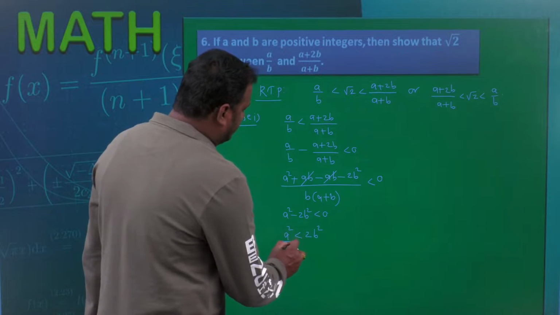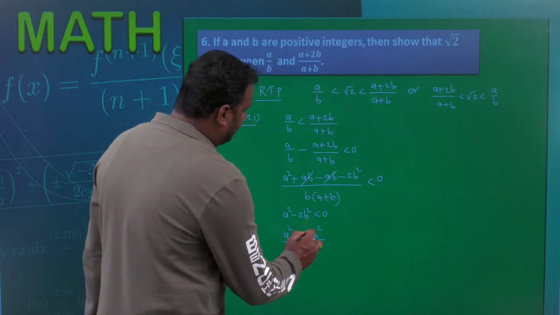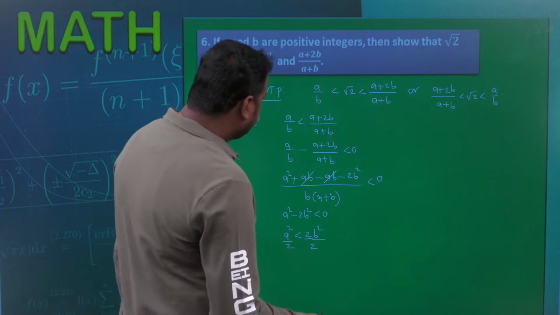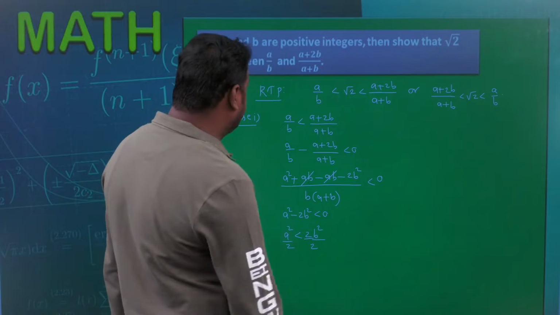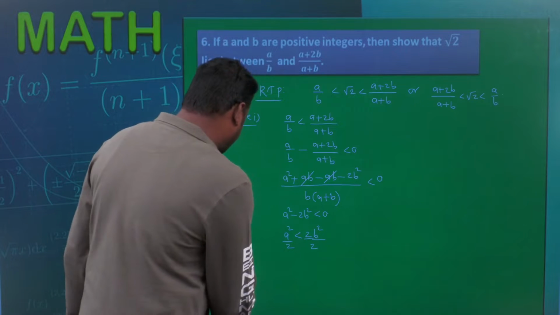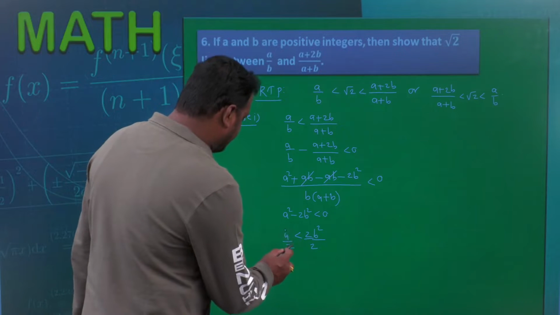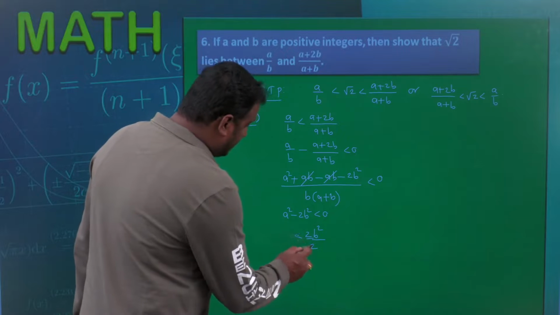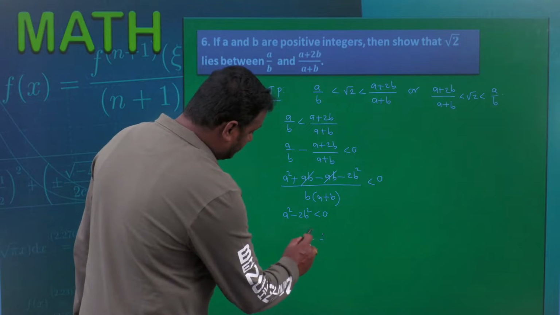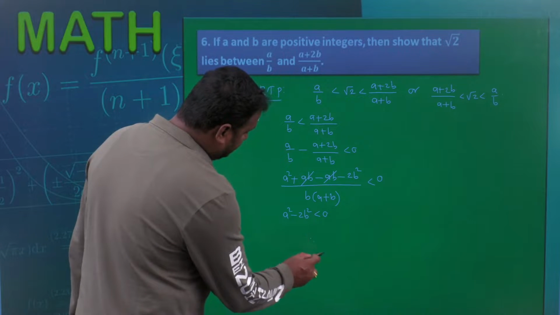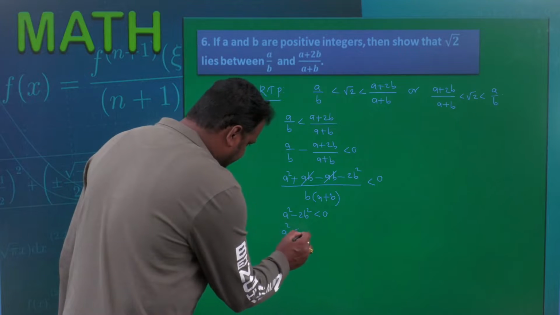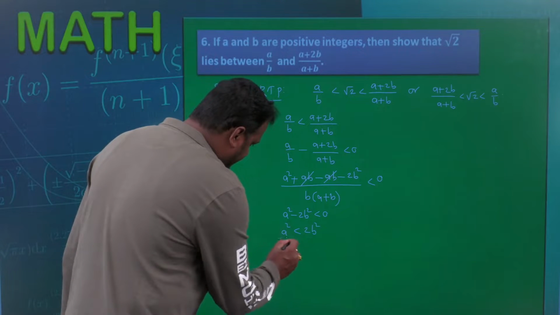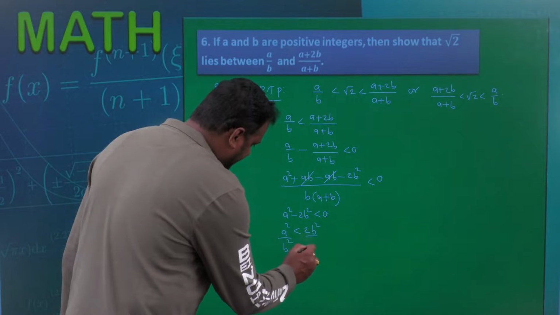Since you want a by b, first transpose minus 2b square to that side, then a square is less than 2b square, divided by b square on both the sides.